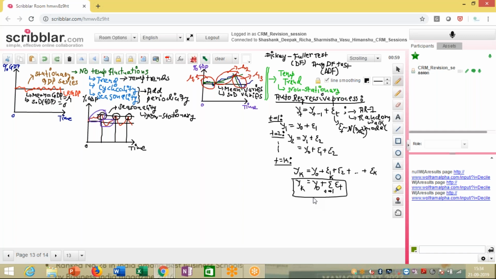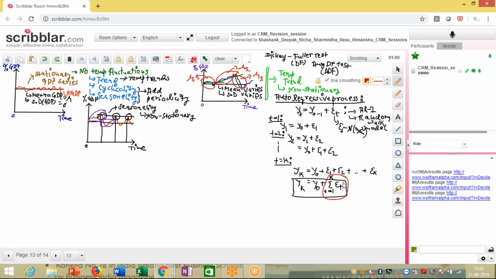So every time the noise process keeps on adding and yk keeps on taking its value. The key generator of yk in this equation is this white noise error term, because y0 is a constant value, the value at y equal to 0.